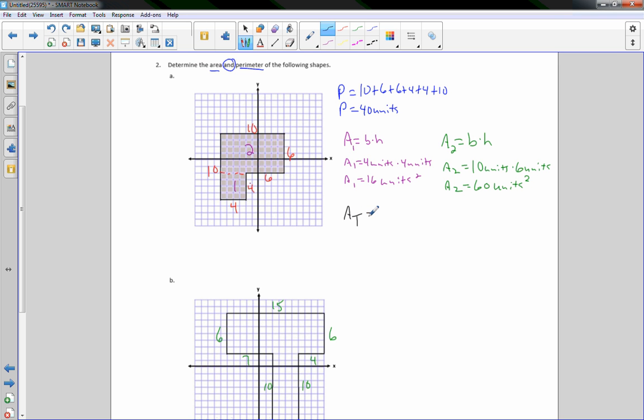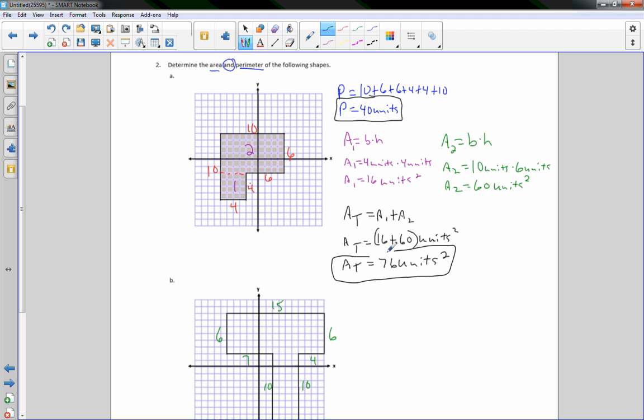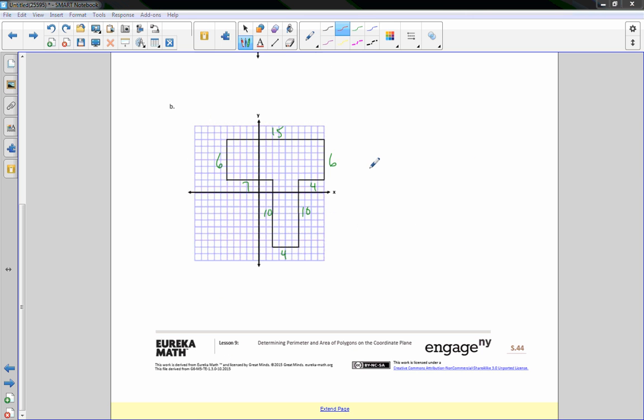So now I take the area total, and that is area 1 plus area 2. So the area total equals 16 plus 60 units squared, which equals 76 units squared. So our answer is perimeter 40 units and area 76 units squared.